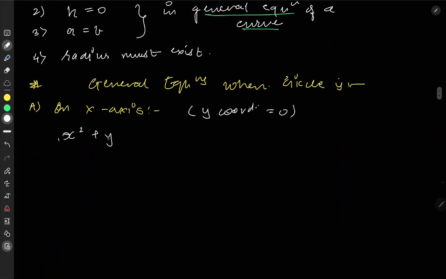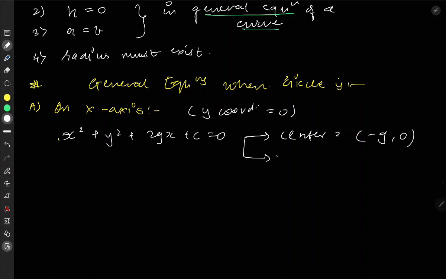So x square plus y square plus 2gx plus c equal to 0. First let us talk about the center. The center is minus g comma 0 and radius is equal to root of g square minus c.